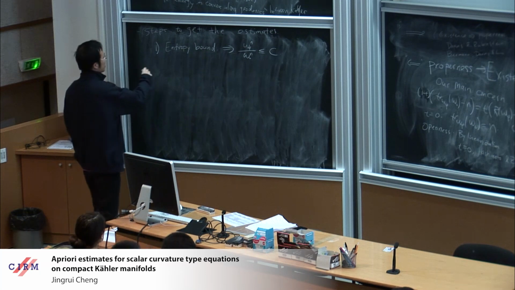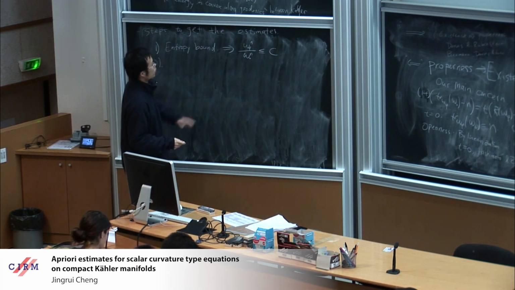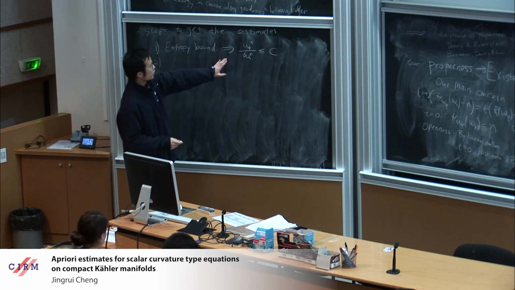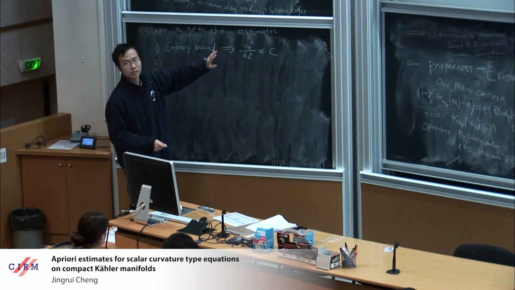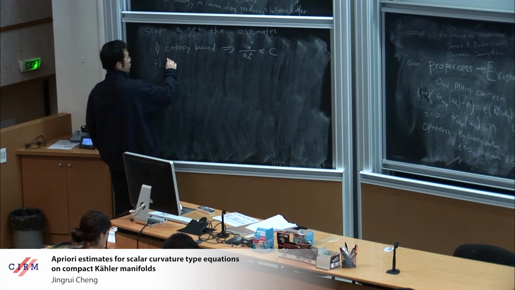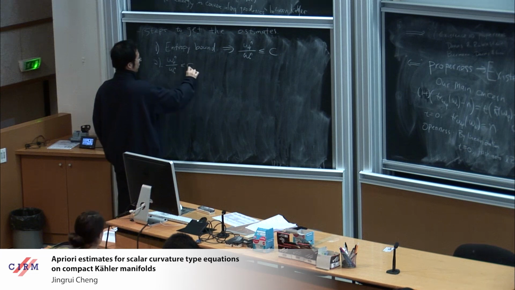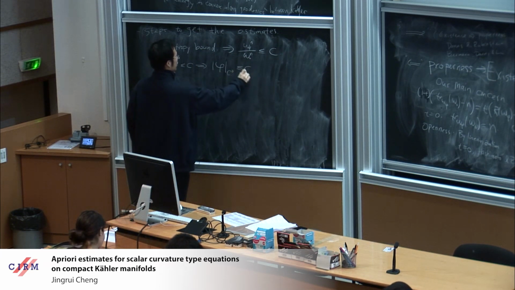And the next is that from the volume ratio being bounded, using Kolodziej's C0 estimate, we get a C0 bound for the Kähler potential. So omega phi to the n over omega 0 to the n implies a C0 bound for the potential.